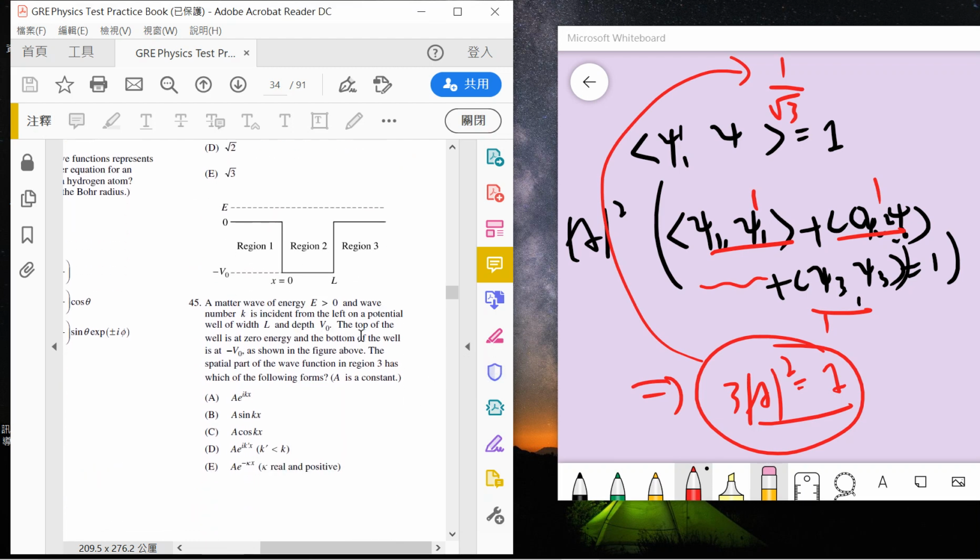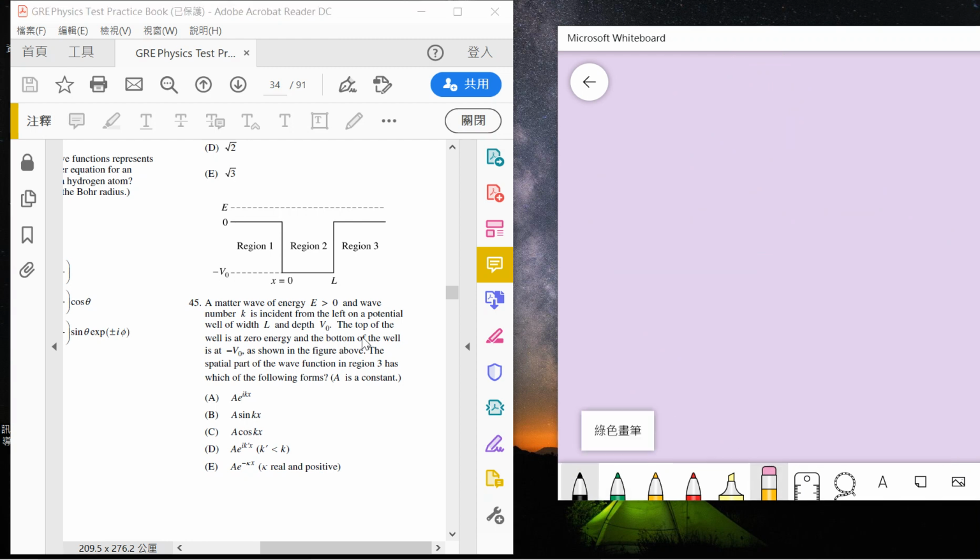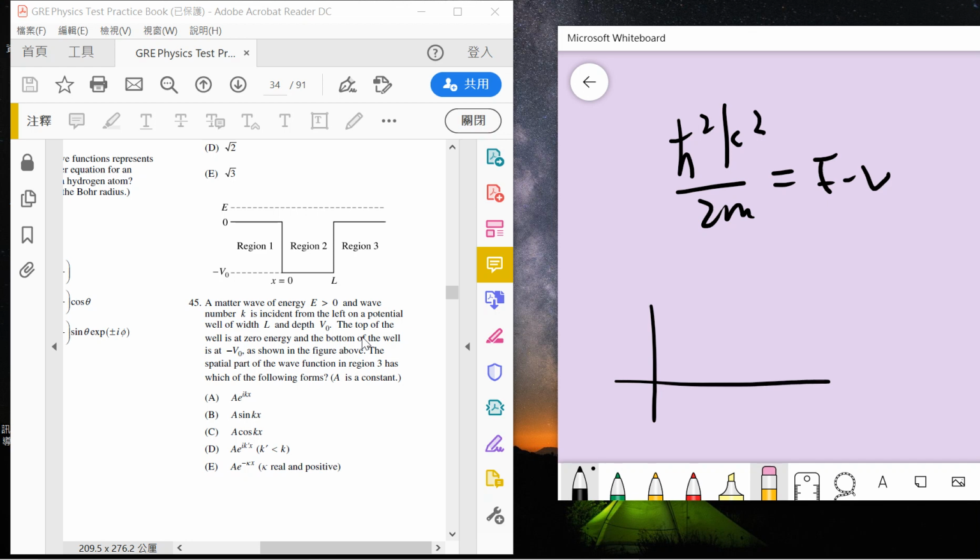And 45 is about the matter wave. Okay, you can read the question. Basically, a matter wave from region 1 escapes into region 3, and it asks what the form of the matter wave is. Remember that h bar squared k squared over 2m equals E minus V. So in region 1 this is k, in the middle is k prime, and in region 3 it is k again, and it satisfies this.